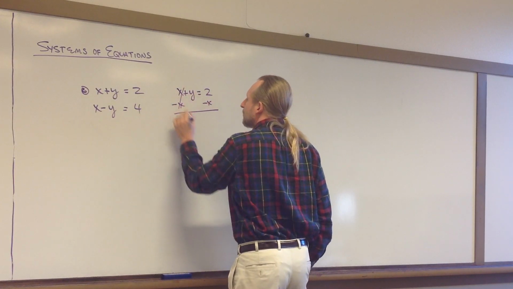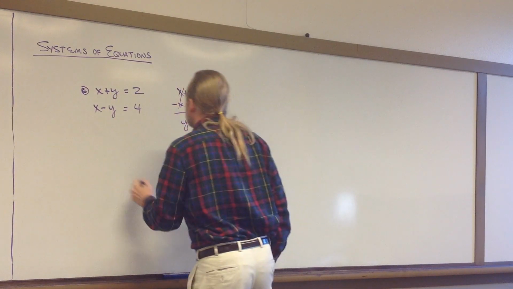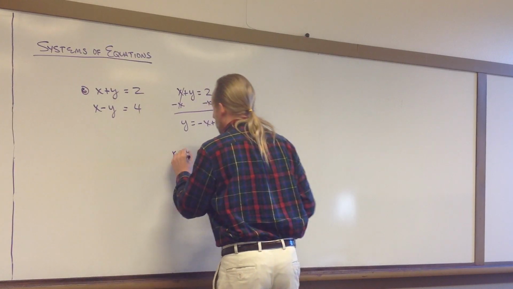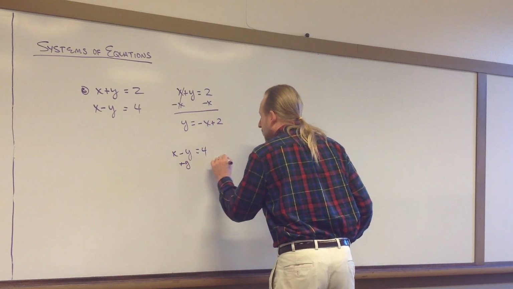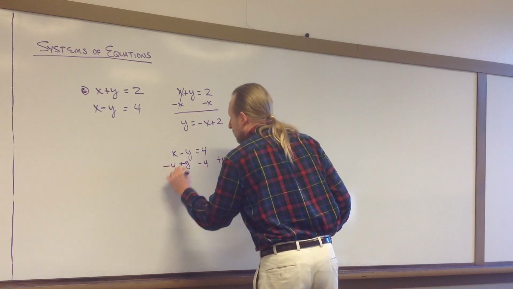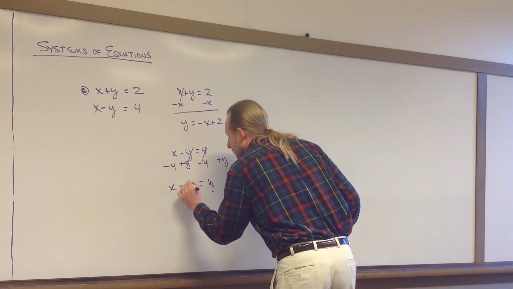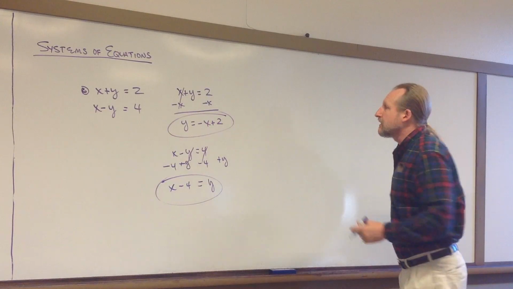So I'm going to take this first equation, move the x to the other side, take the second equation. I'm going to add y to both sides and subtract the 4 over, and that gives me y equals x minus 4. So here's our two equations that we need to graph.